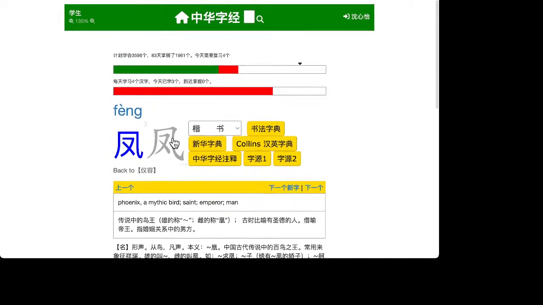Because Feng referred to the male phoenix, it can be from a man. However, in the course of history, people started using this character Feng a lot in names for girls. Because it's used so much in names for girls, in recent times people call fraternal twins Long Feng Tai.